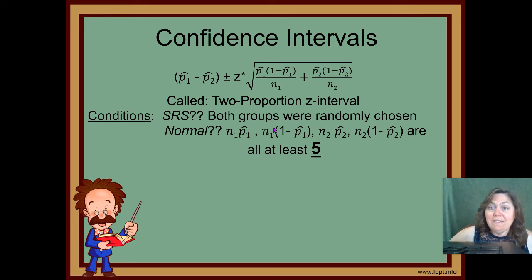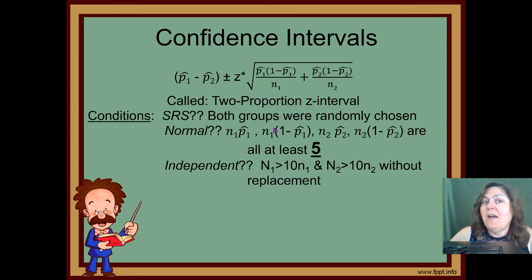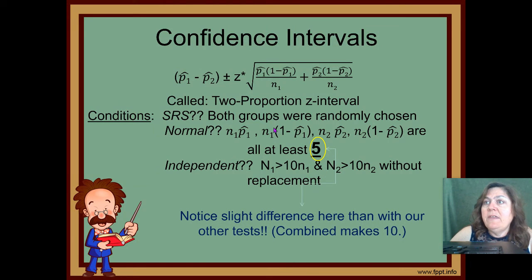In the past, it's been 10, but because we're combining 2 sets here, it actually does work out as long as they're at least 5 in each of those calculations. You still do your independence condition, but for both. Note the slight difference here than with our other tests was that 5.